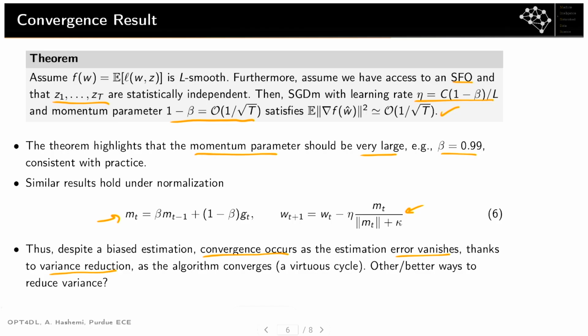But this begs the question: despite this variance reduction, we could not beat SGD provably. Are there other or better ways to reduce the variance such that we can gain faster convergence compared to SGD from a theoretical perspective as well as from a practical perspective?